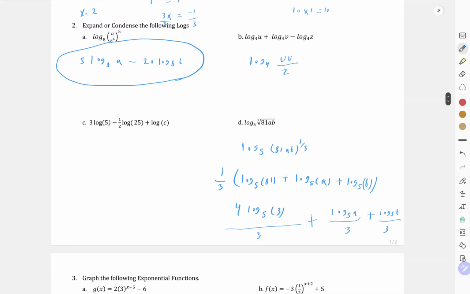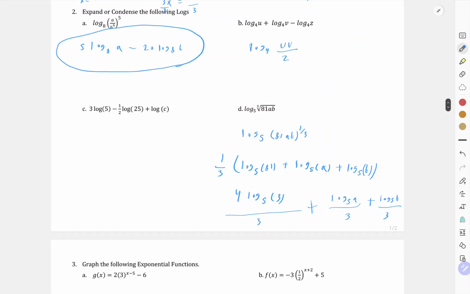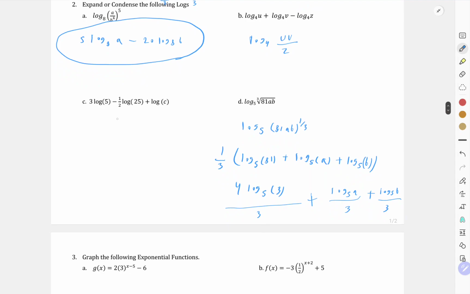Now moving on to the next one, we see C. Alright, when we see C, we have a log. Actually, this is not a natural log, this is a common log, and common logs are always base 10, right? So when you have a common log, it's just base 10. When it's base 10, you do the normal thing, nothing really changes, but you just know it is base 10.